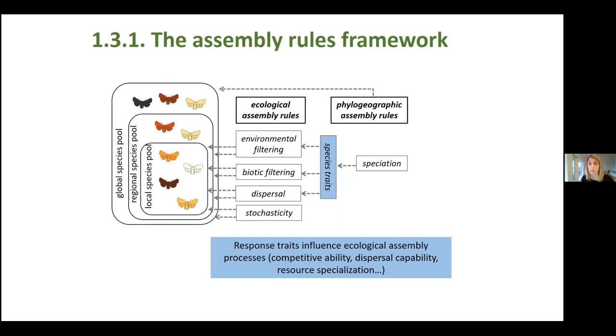The dispersal capability of a species will obviously affect the dispersal of a species, and the resource specialization level of a species in a community will affect the effects of environmental filtering. So we often try to detect these species traits in community ecology. It is an important part of empirical community ecology.